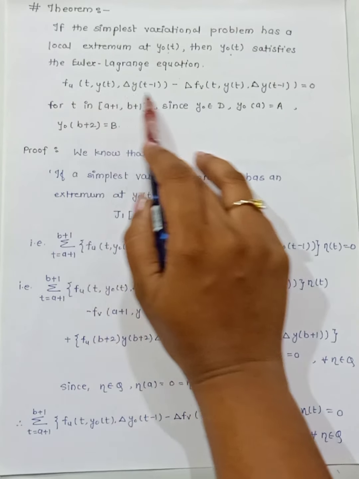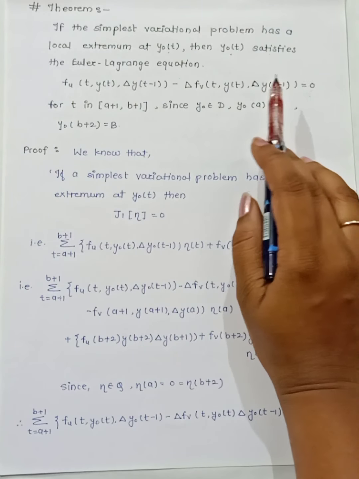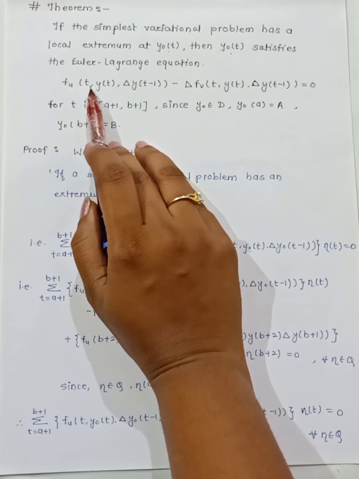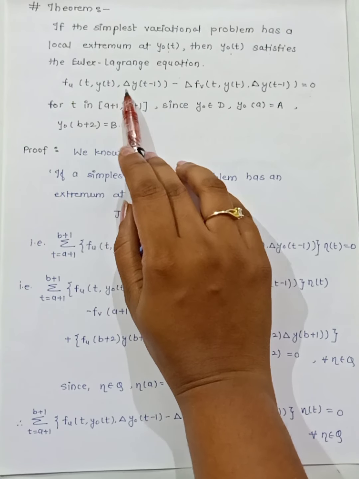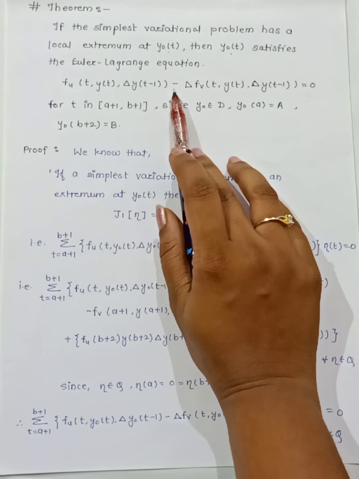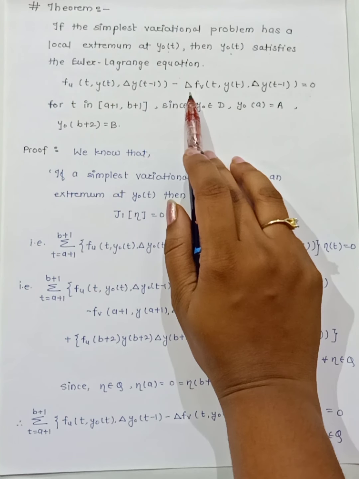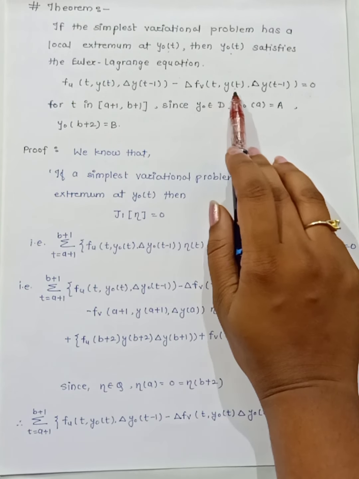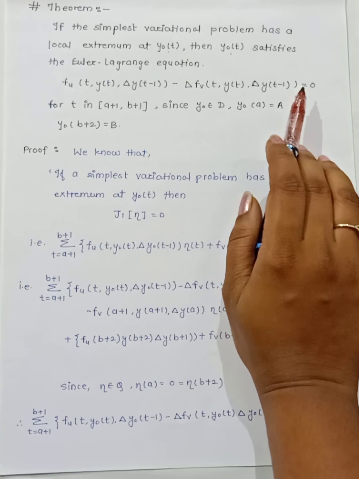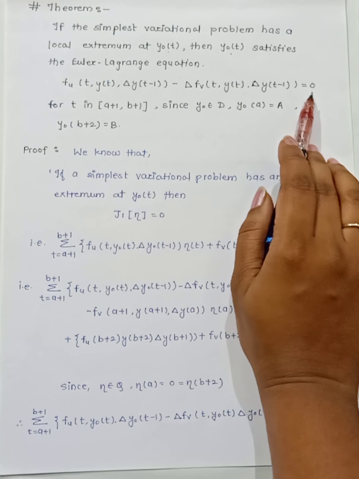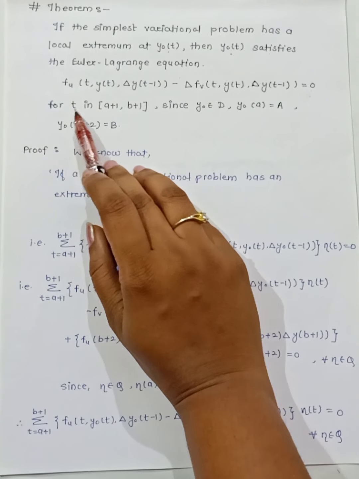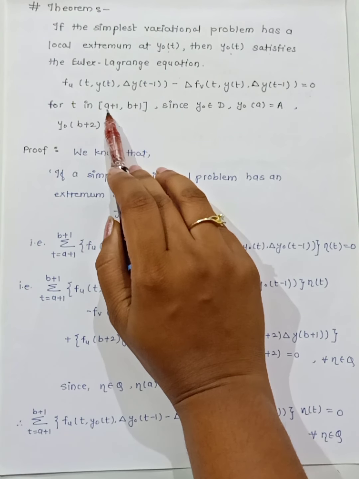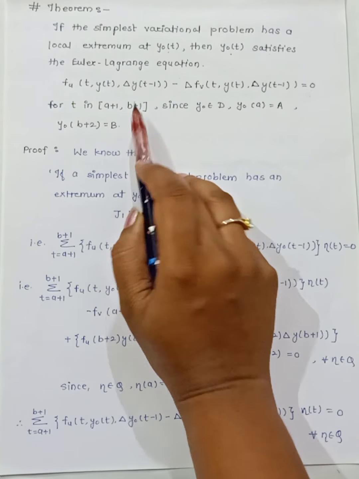So this is our EL equation, that is fu of t, y of t, delta y of t minus 1, minus delta of fv of t, y of t, delta y of t minus 1, equals 0, and that is for t in the closed interval a plus 1 and b plus 1.